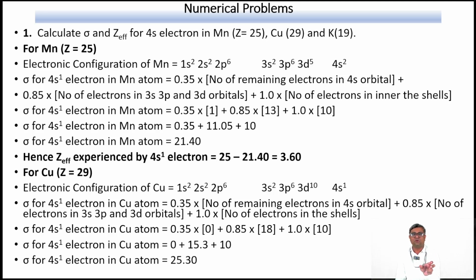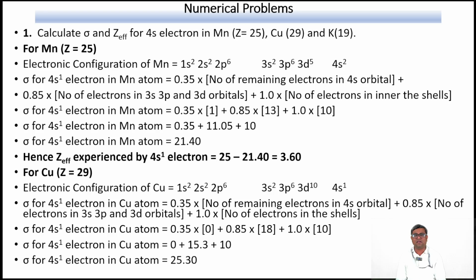Now, let us fill in these values. 0.35 into 1, because only one electron remains in the 4s shell, since we are calculating sigma and effective nuclear charge for one of the electrons of the 4s shell. So 0.35 into 1, then 0.85 into 13.